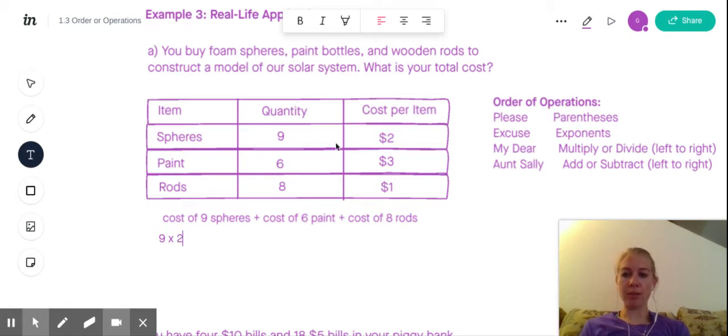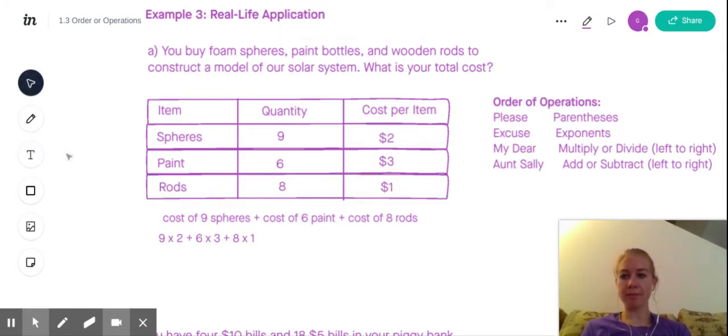So it'll be 9 times 2 plus the cost of 6 paint. The quantity is 6 and the cost of each paint is $3. So it'll be 6 times 3 plus the cost of 8 rods. So 8 times each rod is $1. Okay, so now we have our expression.